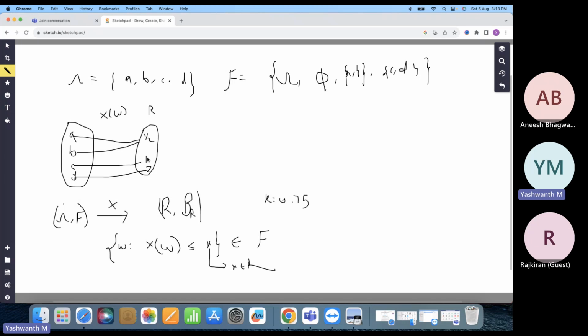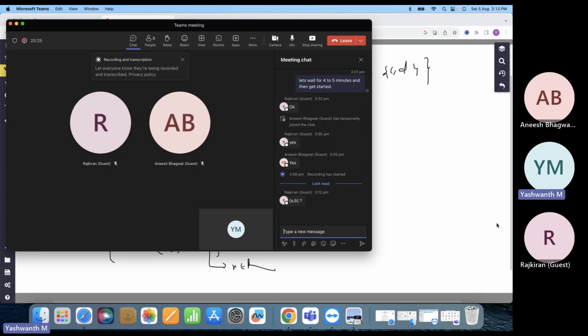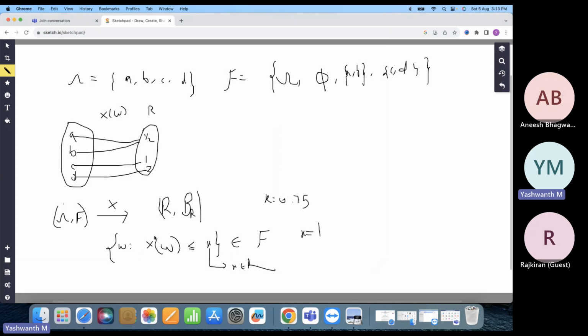Now let's put x equal to 1. What is this set you will get when x is equal to 1? Again, you can type in chat. ABC, that's cool.